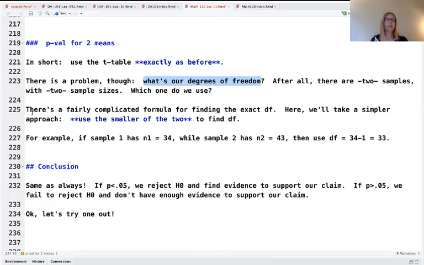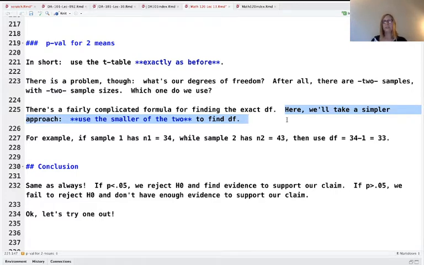There's kind of 2 answers to that question. There is a pretty complicated mathematical formula for finding out the exact degrees of freedom in this case. I am not going to torture you guys with that, especially since we're not in person. Instead, we're going to use a simpler version. It's an approximation, but it's not a terrible one. Just use the smaller of the 2.